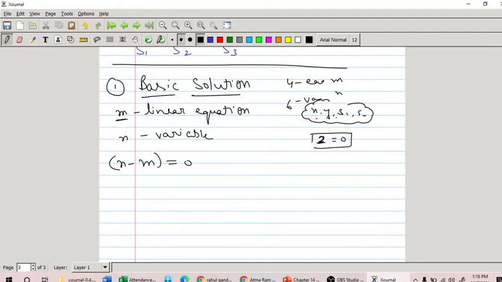So, the variables which are put as equal to 0 will be your non-basic variables, and the variables which we find by putting these non-basic variables as 0 will be your basic variables.